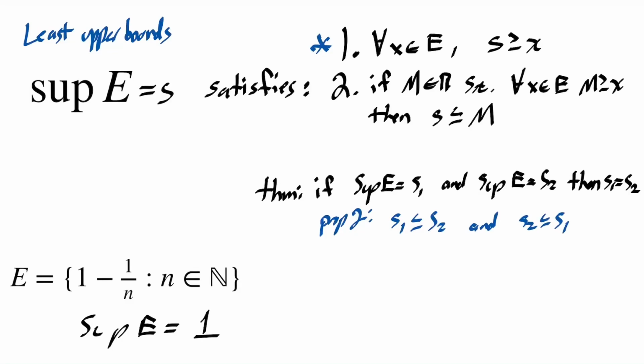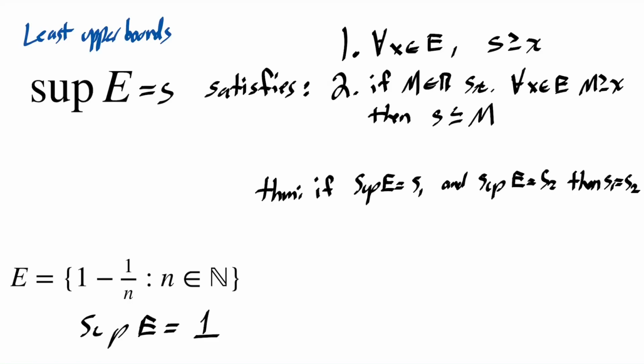And the only way for this to happen is if the two are equal to each other. So that's really at the heart of this theorem, and I would encourage you to look at the book and see how they write it up. But that's really what they're getting at.